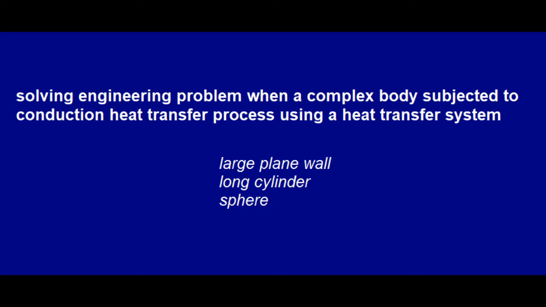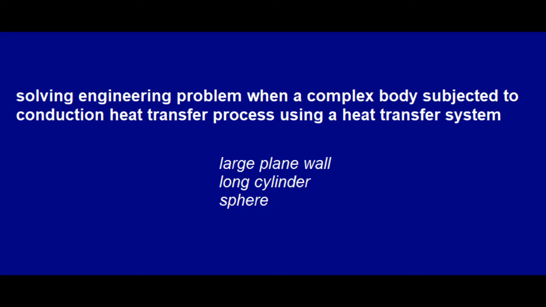In this lecture, I will demonstrate the heat transfer approach to model the actual body and solve a prescribed engineering problem. We will consider an egg, which has a complex geometry, and we can only approximate its shape.